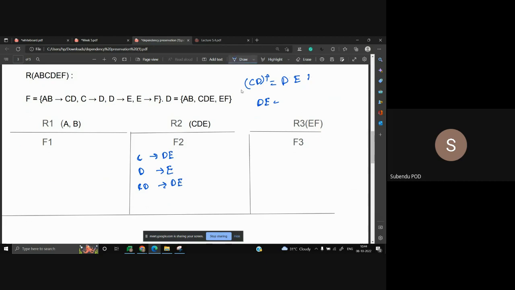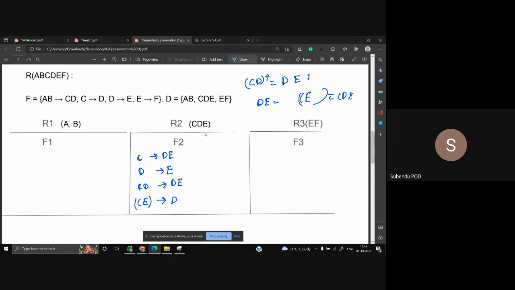Now we have to check CE, the combination of all two attributes. What will we get? C, D, so CDE. So it only gets D, right?